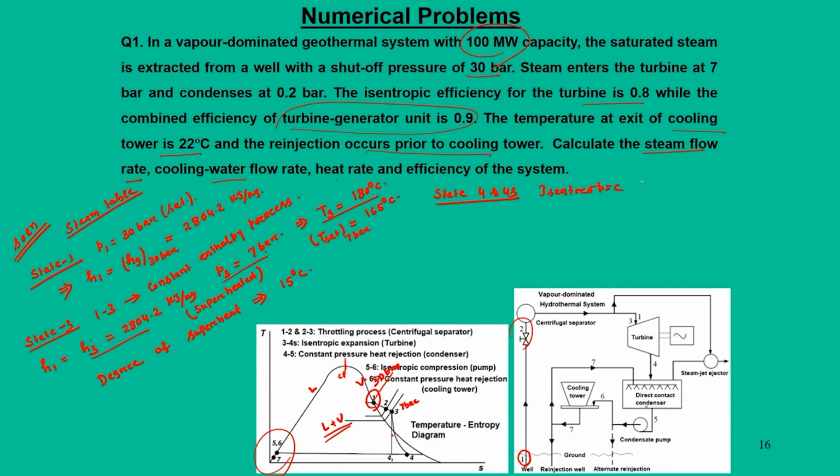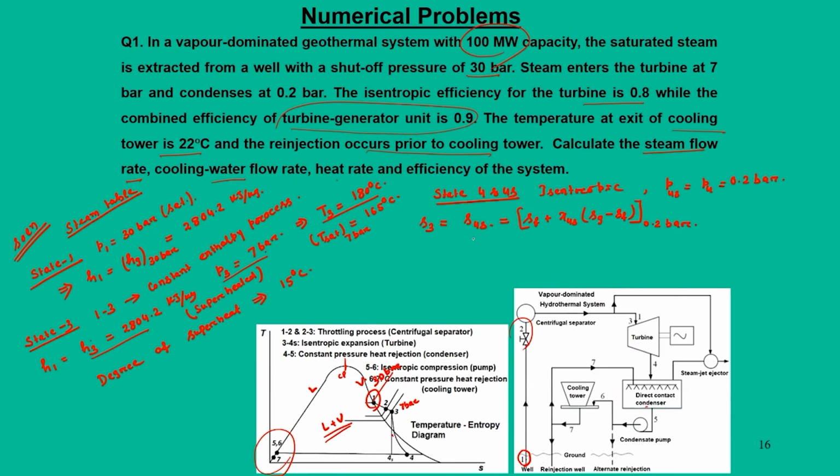The process is isentropic, and P4s and P4, that pressure, is 0.2 bar, right, and the process is isentropic, which means S3 is equal to S4s, and S4s is nothing but Sf plus x4s into (Sg minus Sf), and this value has to be calculated at 0.2 bar.